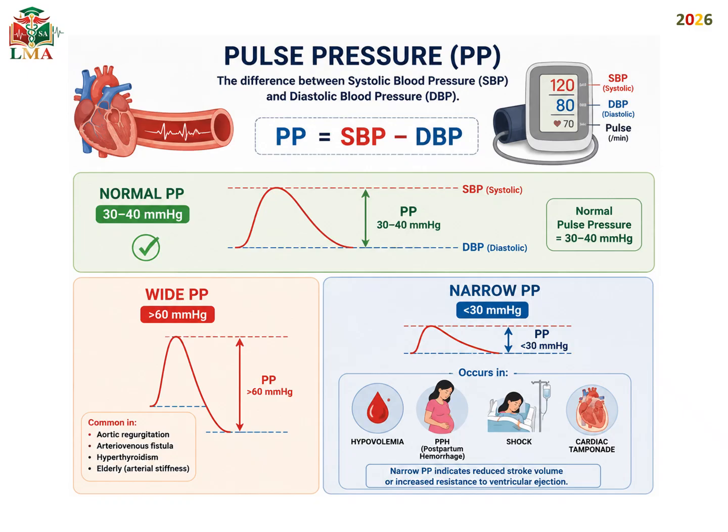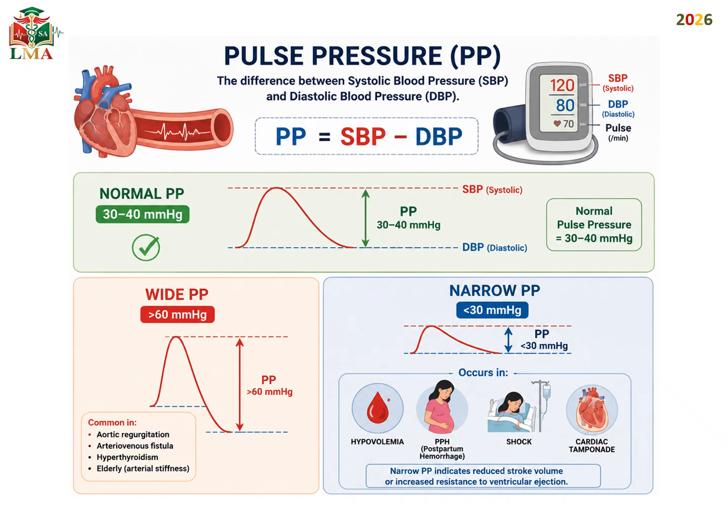One of them is the pulse pressure. The pulse pressure is the difference between systolic blood pressure and diastolic blood pressure. If this pulse pressure is between 30 and 40 millimeters mercury, we will consider it normal. If it is more than 60, we will consider it wide, and if it is less than 30, we will consider it narrow.